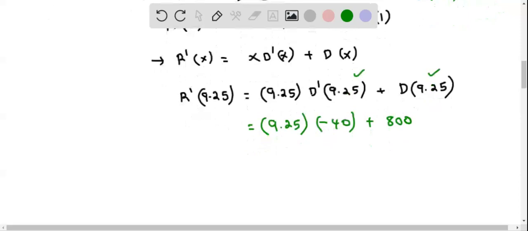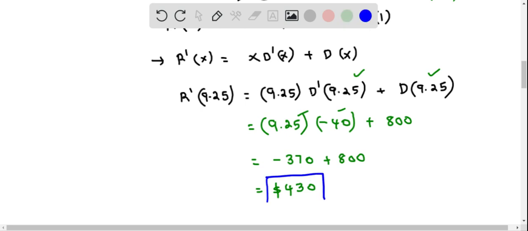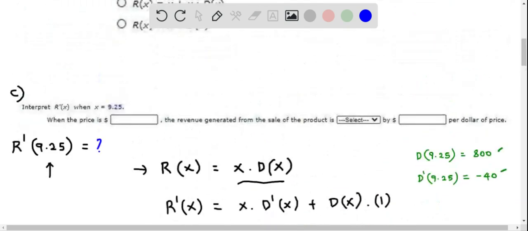And so therefore this equals 9.25 times negative 40 is negative 370 plus 800, and this equals 430, and this is in dollars. So we have determined that R prime of 9.25 equals 430. We can change this to $430.